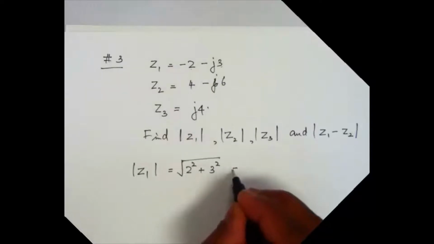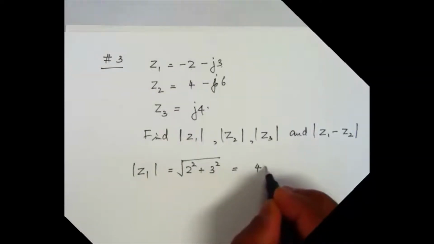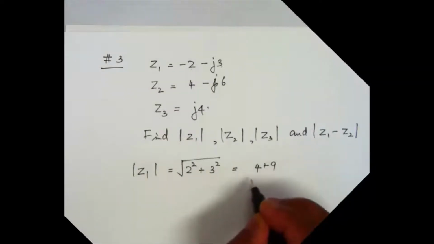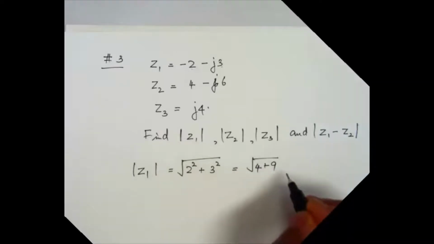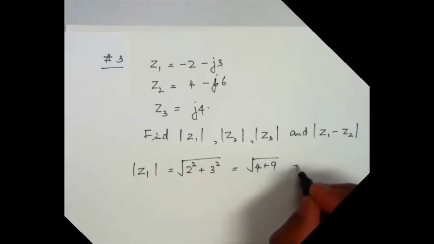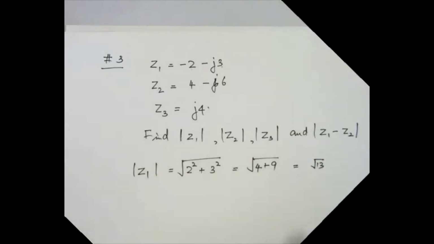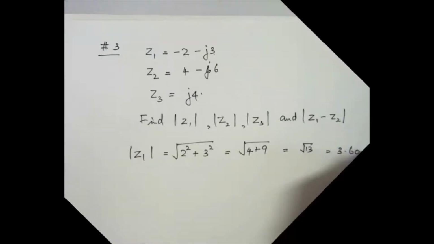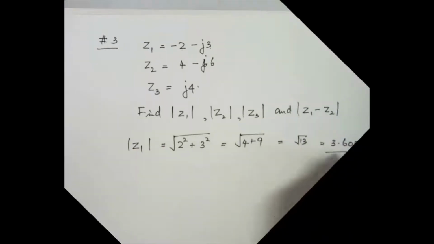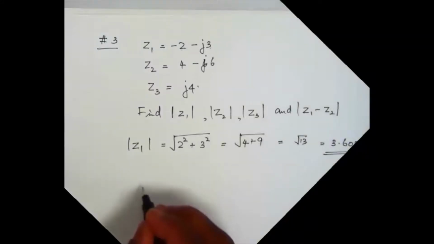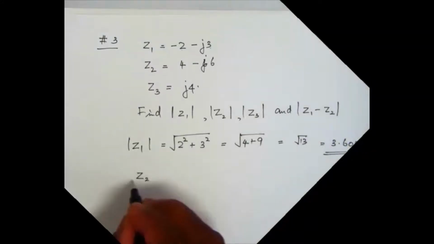So that's simply the square root of 4 plus 9, which is the square root of 13, which we found earlier as well, which is 3.6055.